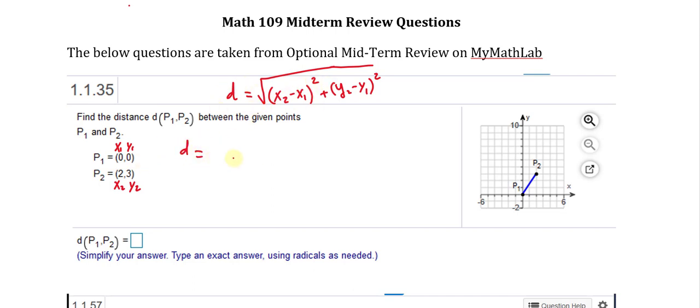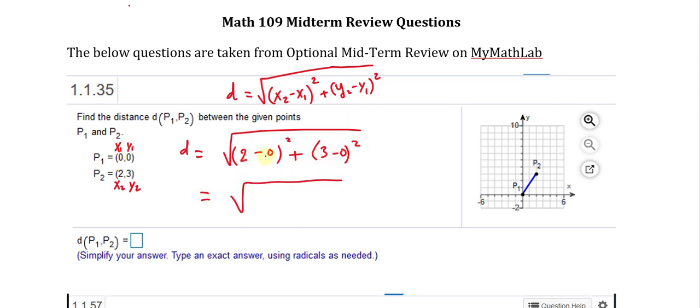So the distance should be x2, which is 2, subtract x1, which is 0, squared, plus y2, which is 3, minus y1, which is 0, squared.